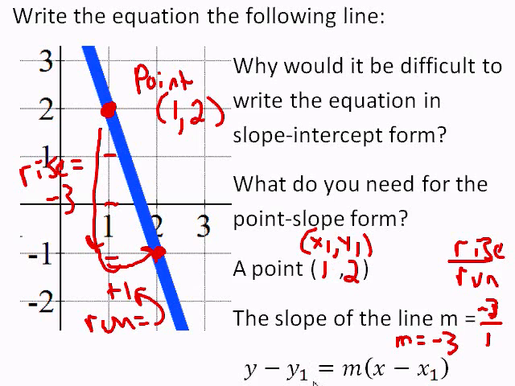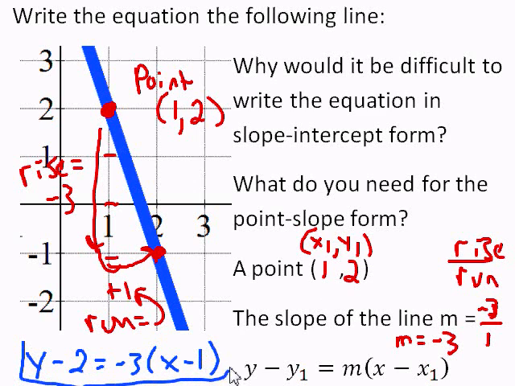Well, we can write the equation of the line then, just by substituting in the m and the x1, y1. So we're going to get y minus the y1, which is 2, equals our m, which is negative 3, times x minus our x1, which is 1. And now we've written the equation of a line from a graph using point-slope form.